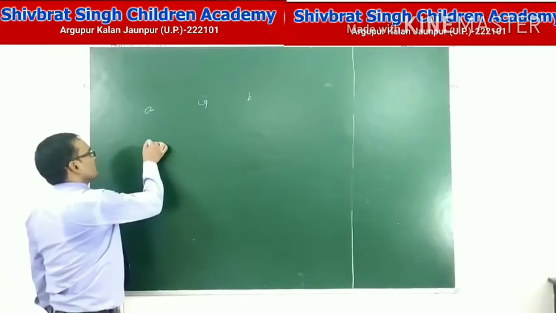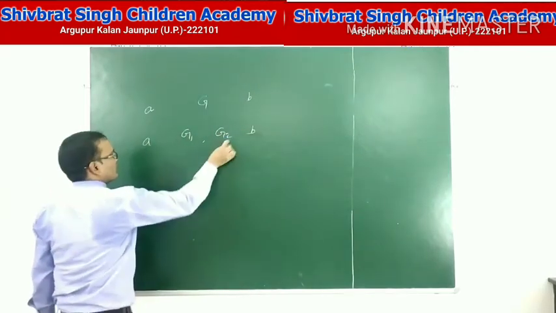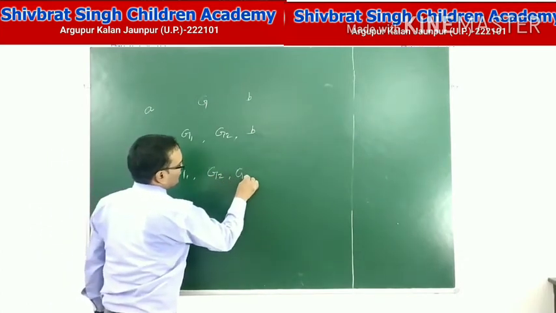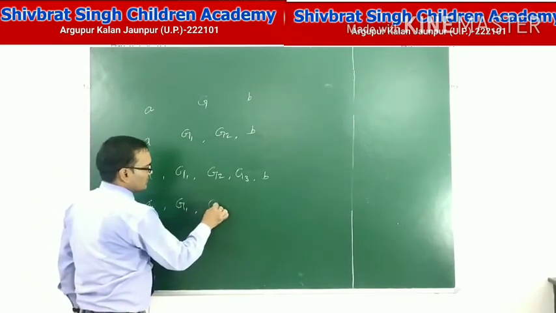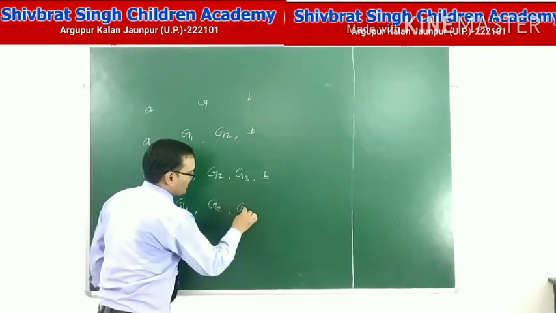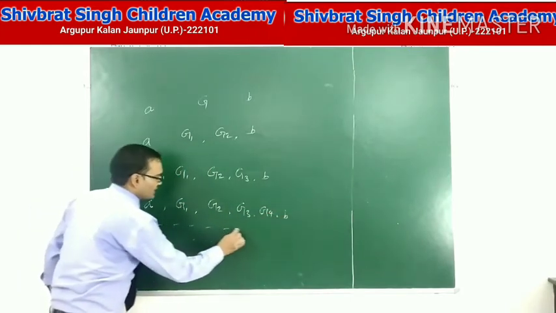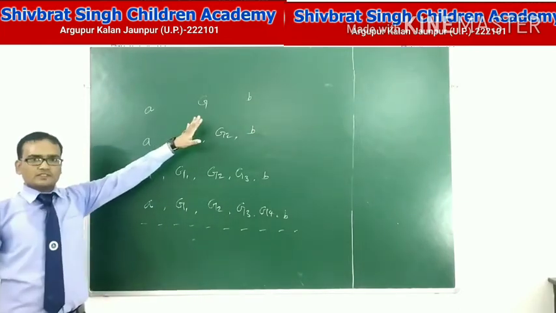You can insert two, three, or four geometric means between a and b, as many as you like.